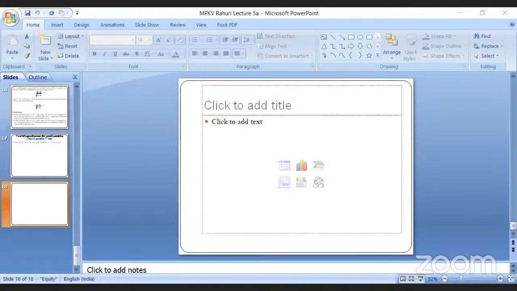An empty slide is visible, but not the slideshow.